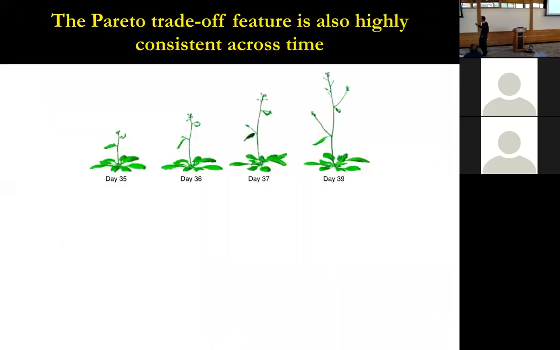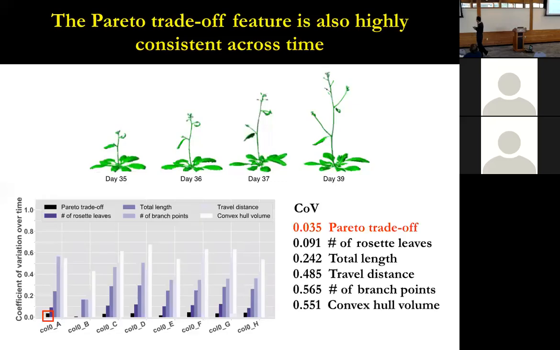And we actually wanted to test this over time as well. So this is an individual Columbia wild type plant over 4 days of scanning. I think we did about 6, but I'm only showing 4 here. And what was also interesting was that even over relatively short periods, individual plants maintained a very consistent Pareto trade-off feature.